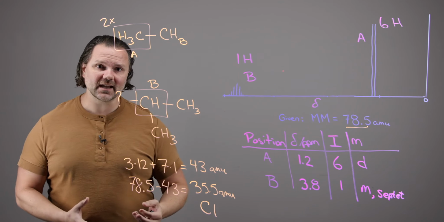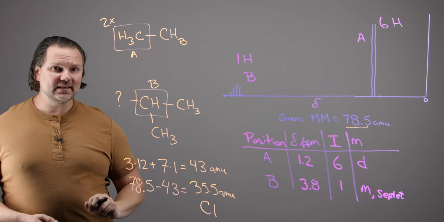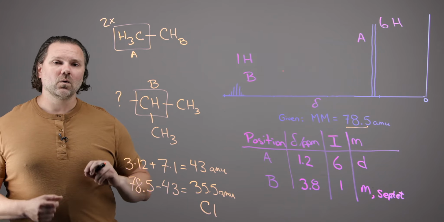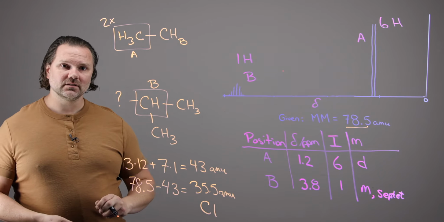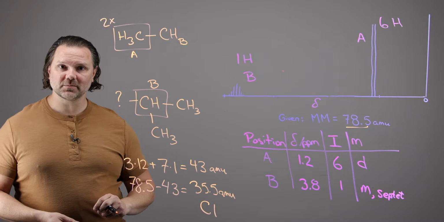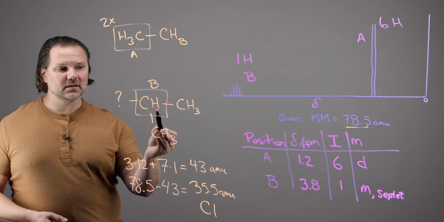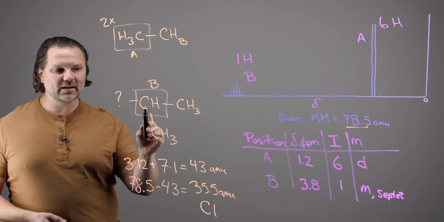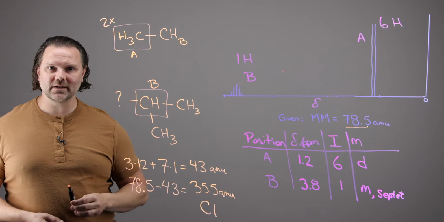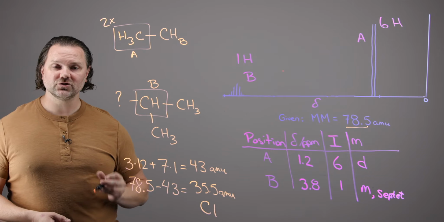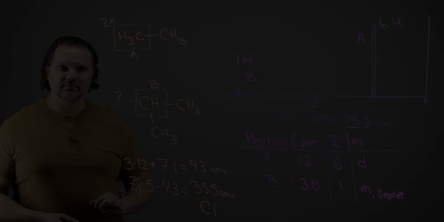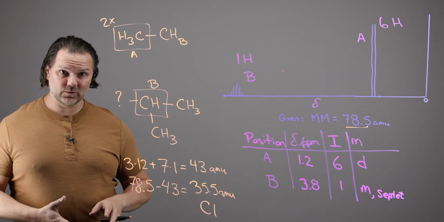If we check our data sheet, we think this is a chlorine. What is the range in a proton NMR spectrum where you expect a proton to show up when it is attached to a carbon right next to a chlorine group? Check your data sheet now. So hopefully you agree with me.